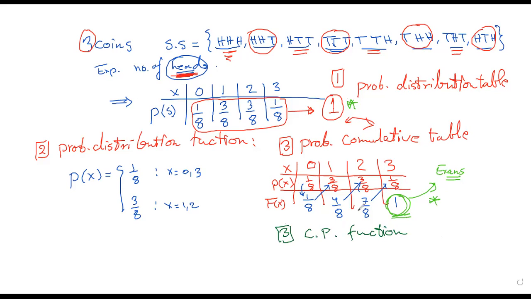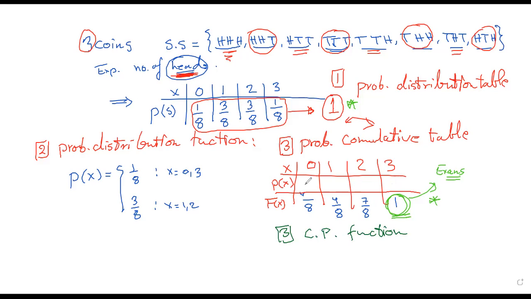Now, let me point to another thing which is important in this table. Sometimes in the exam, they will erase the probabilities. They will not show the probabilities, and they will ask you as a student to find them by showing the cumulative.